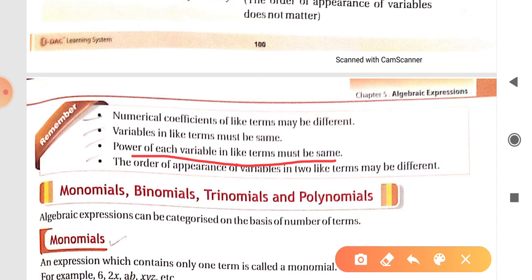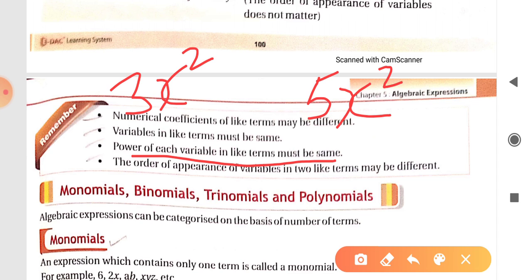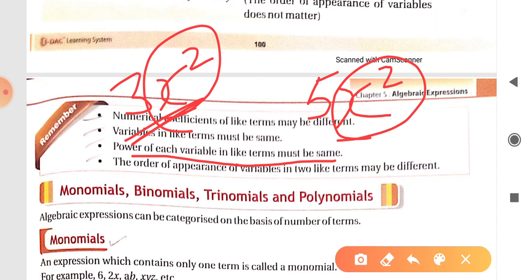For example, if I am writing two terms, 3x square and 5x square, the algebraic factor of 3x square is x square and of 5x square is x square, so the powers are the same and these are like terms.